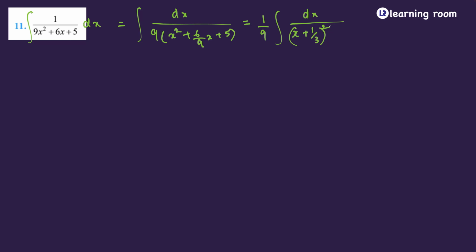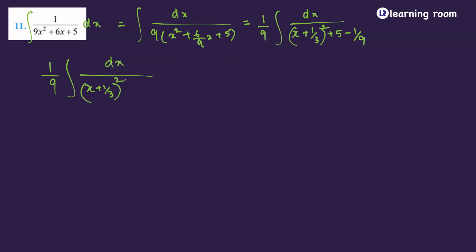So x plus 1 by 3 the whole square plus 5 I will write as it is, minus the square of this value, minus 1 by 9. Am I right? So then what are we supposed to do? 1 by 9 into integral of dx divided by (x plus 1 by 3) the whole square plus 5 minus 1 by 9.